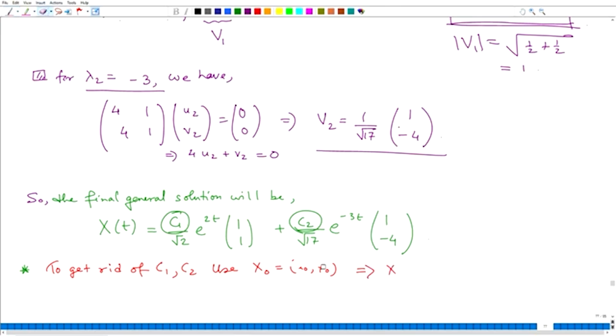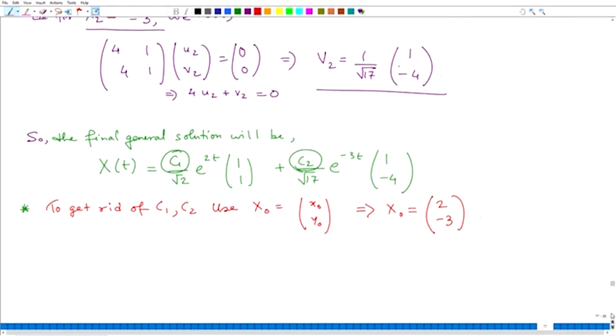Maybe I should write it in a proper way, because they are given as column vectors. So, x0 is equal to [2 minus 3]. Of course, you know that this is true for t equal to 0, and so finally, you have two equations.